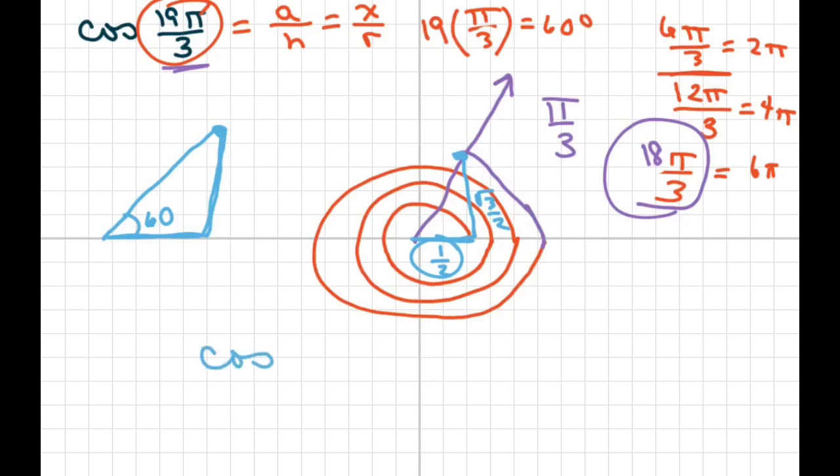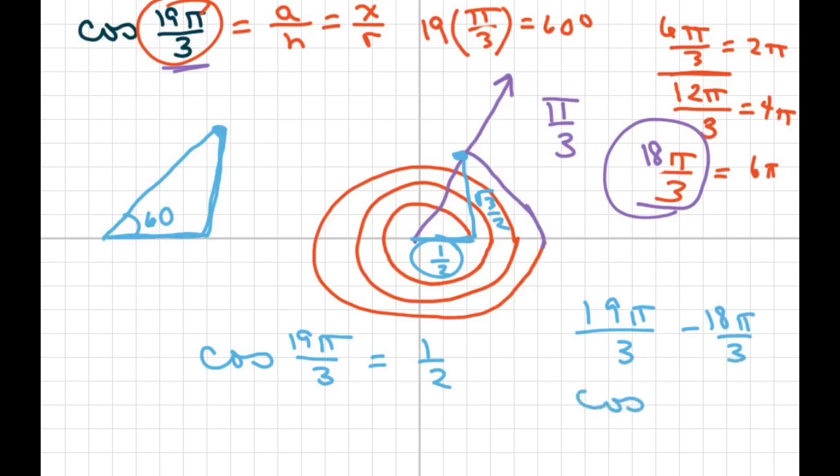So cosine of 19 pi over 3 equals 1/2 over 1, which is just 1/2. Basically what I did is I made this coterminal. I took 19 pi over 3 and subtracted 18 pi over 3. Then I'm just finding cosine of pi over 3.